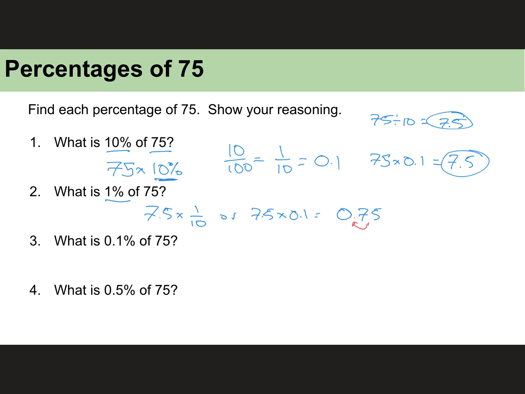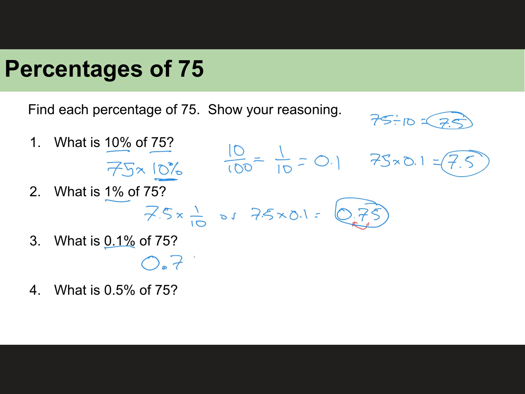In the next solution, now I'm getting even smaller. This is 1/10 of a percent. This isn't even 1%. This is 1% divided by 10. So what I have to do here is again divide by 10, or multiply by a 10th. From when I found 1%, I found it was 0.75.